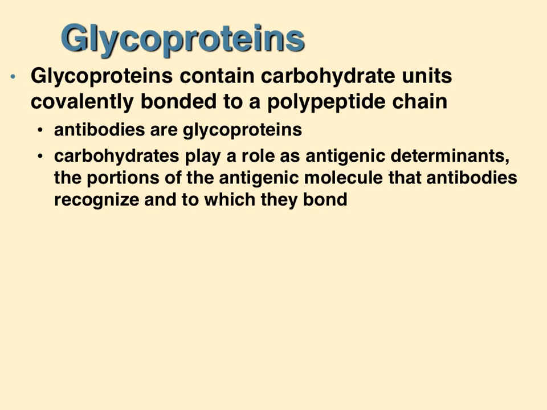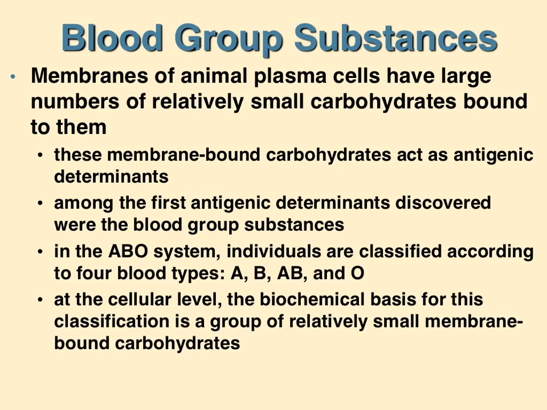Glycoproteins just means that you have proteins that have sugars added onto them. You should have gone over this in anatomy and physiology, probably in biology as well. But this is what dictates the difference between blood groups.